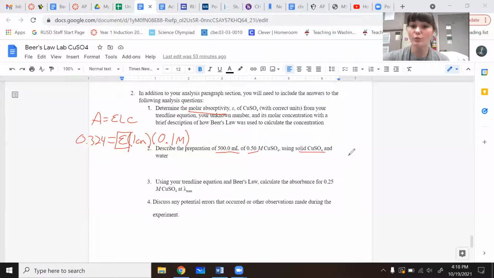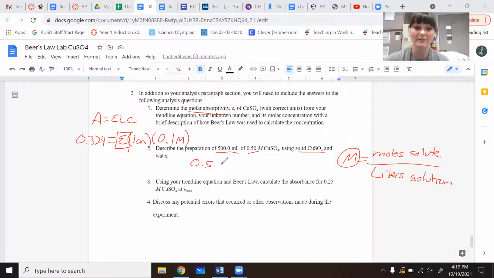So we know that any particular molarity is equal to how many moles of solute over liters of solution. So here, I'm asking for 0.5 molarity. That's this value, 0.5.